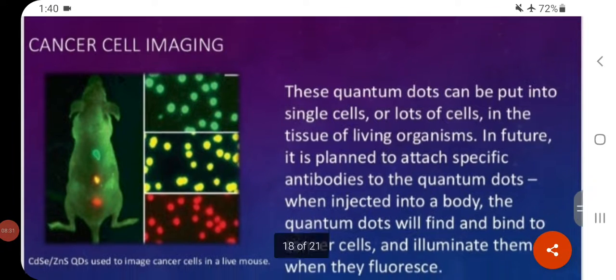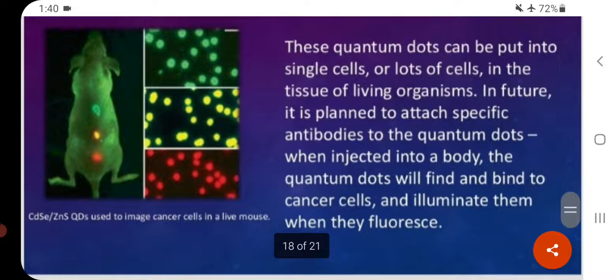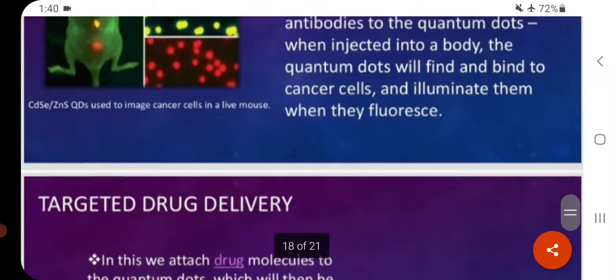Cancer cell imaging. These quantum dots can be put into single cells or lots of cells in the tissue of living organisms. In future, it is planned to attach specific antibodies to the quantum dots. When injected into a body, the quantum dots will find and bind to cancer cells and illuminate them when they fluoresce.